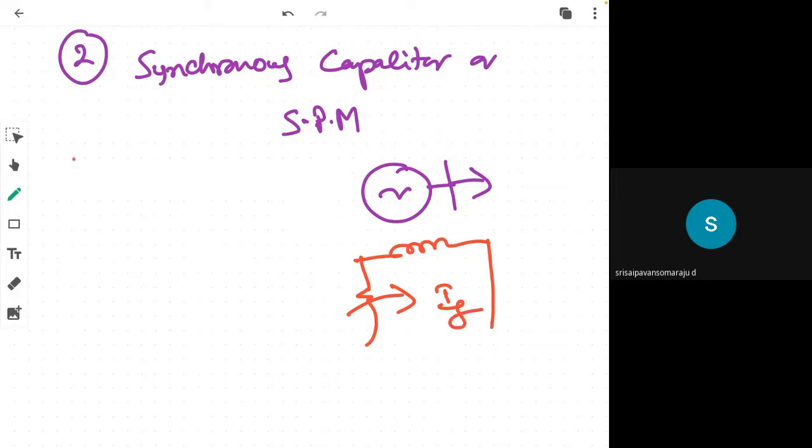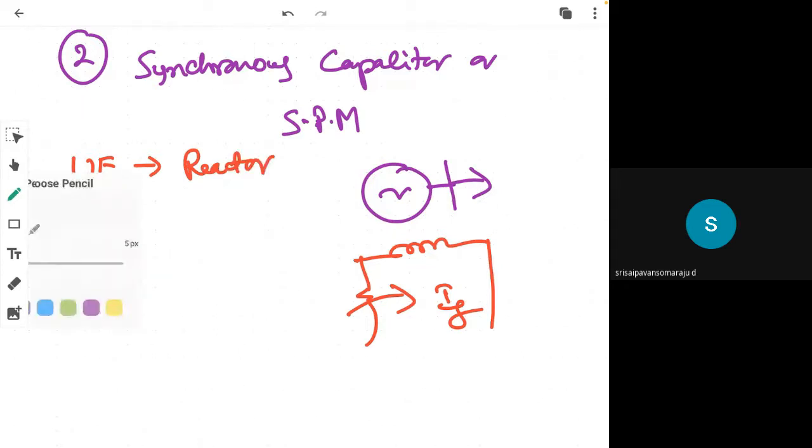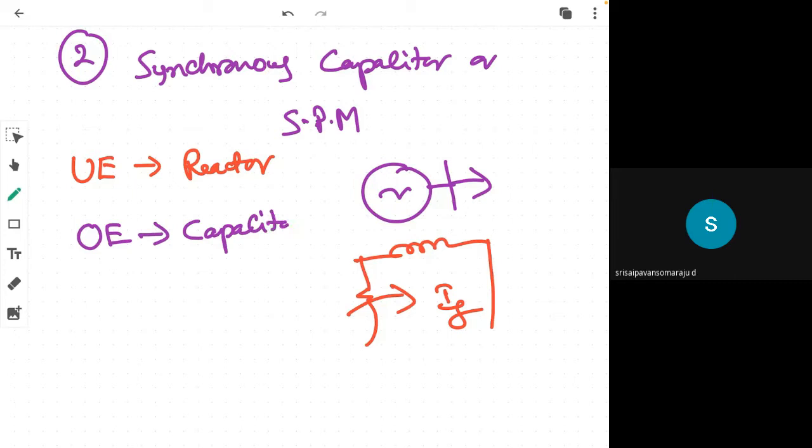During under excitation operation, it is operating as a reactor, and in over excitation mode, it is operating as a capacitor. The capacitor will generate the reactive power Q, and the inductor will consume Q.